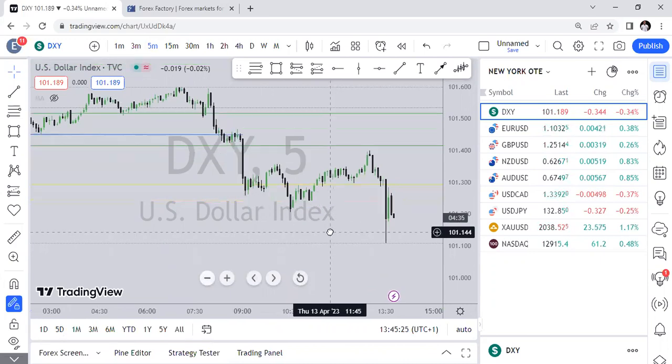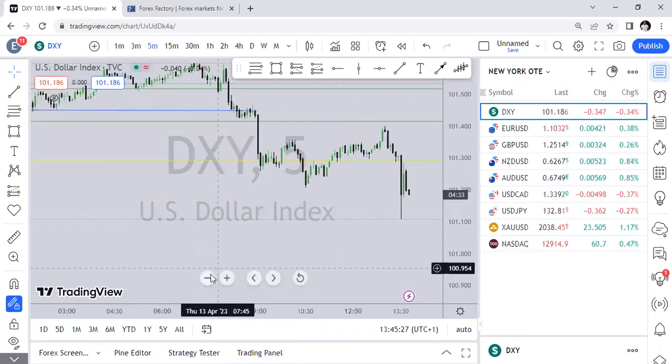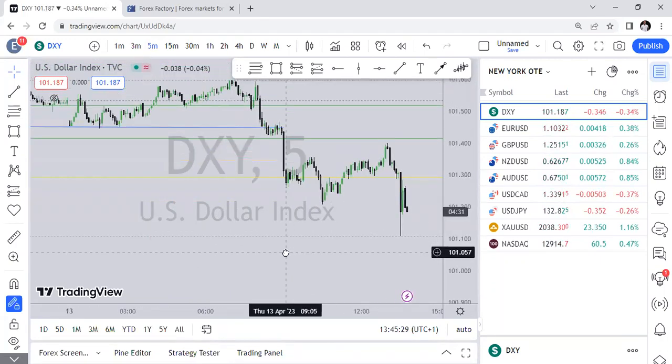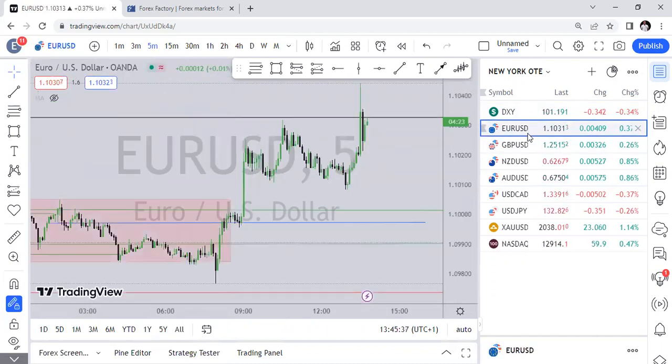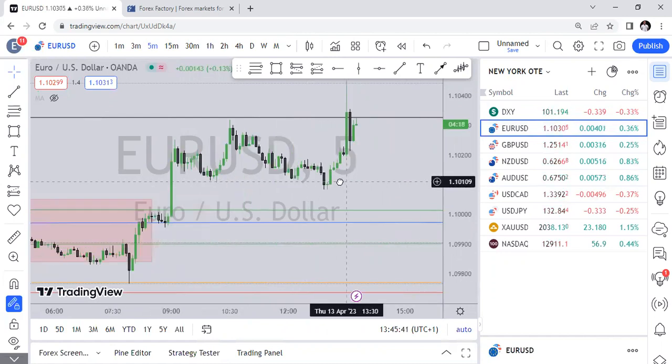So how does this help us as currency traders? When the dollar sells off like this, currencies such as the Euro USD will buy.